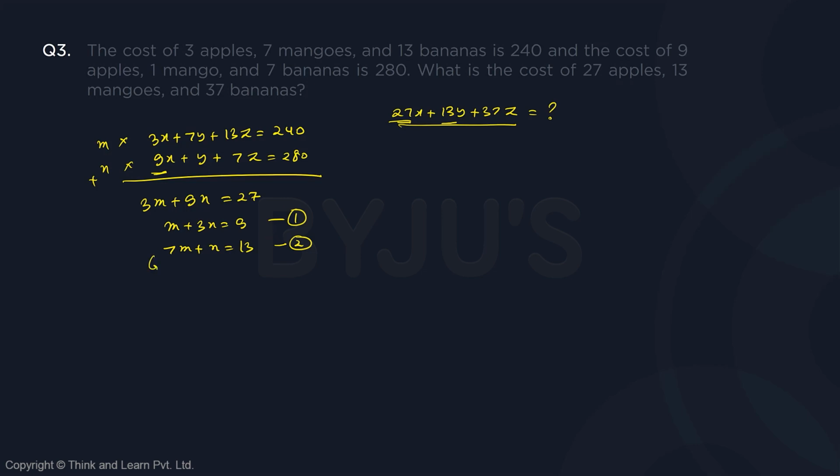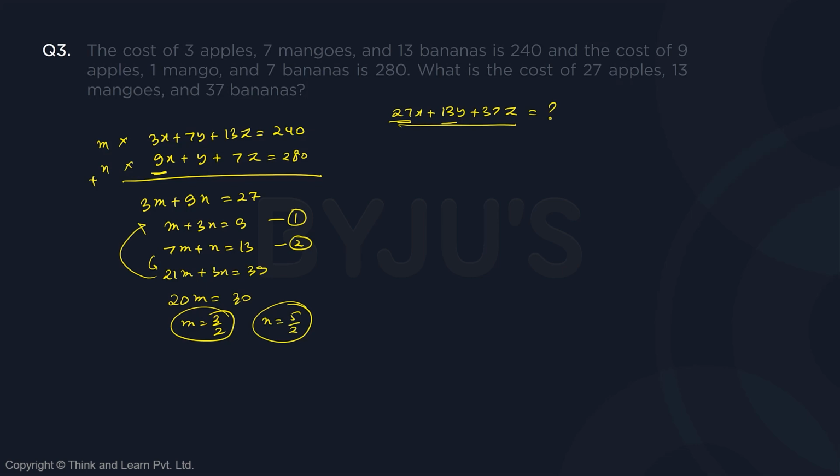If you multiply this with 3, that gives you 21m plus 3n is equal to 39. Subtract this from this, and it gives you 20m, 3n will be cancelled out, equal to 30, or m is equal to 3 by 2. If you put it back in either equation, you will get the value of n also, which comes out to be 5 by 2. Right.